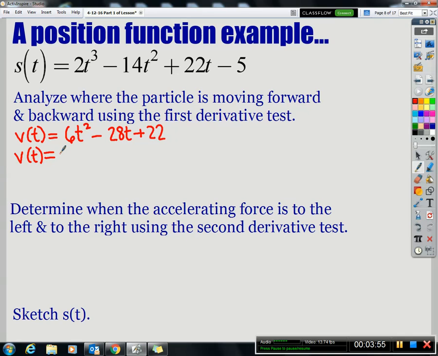So I'm thinking I can factor out a 2 for sure, and I'll have 3t squared minus 14t plus 11. Let's see here. Will that factor further? The AC would be 33. And I could do 3 and 11. Yeah, that should work, shouldn't it?